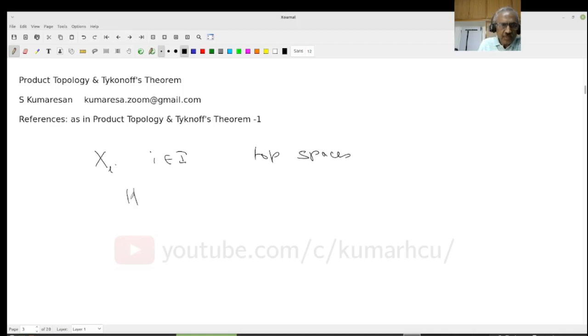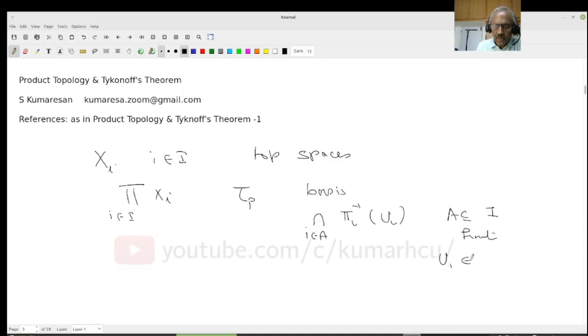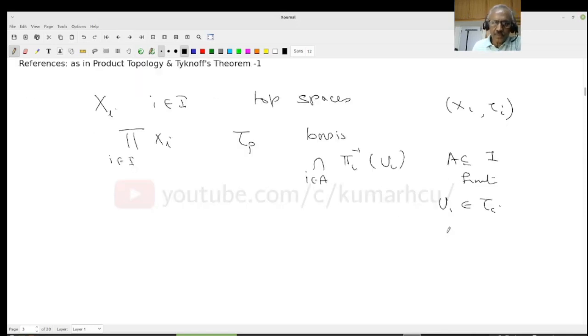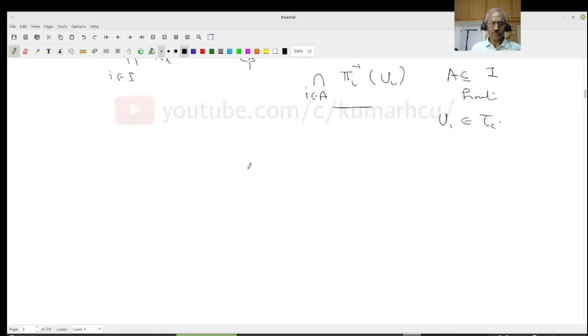We define the Cartesian product of X_i, i in I, and the product topology, which has as basis the elements of the form the intersection of π_i inverse of U_i, i running over a finite set A. A is a subset of I which is finite, and the U_i are all open in (X_i, τ_i). These are the basic elements. This is all you will need to go through the proof.